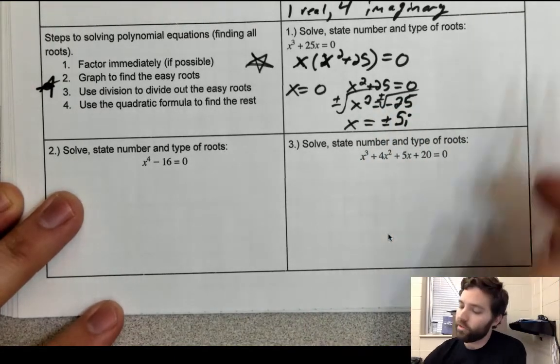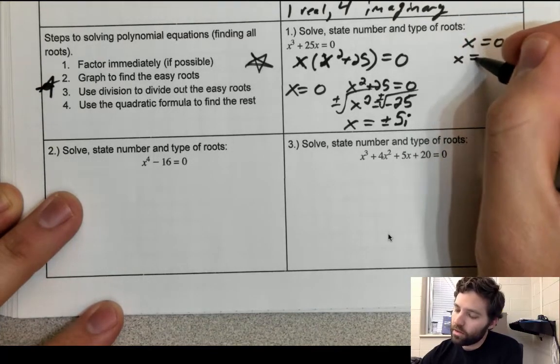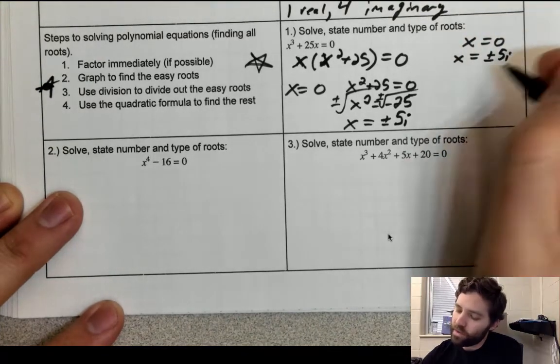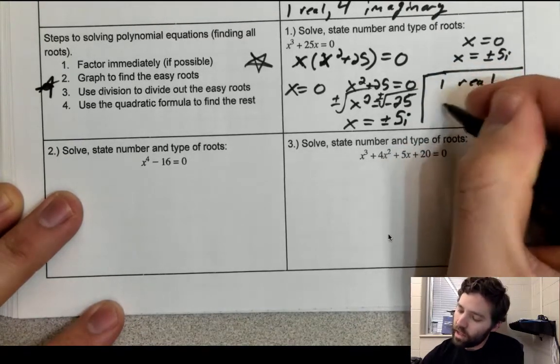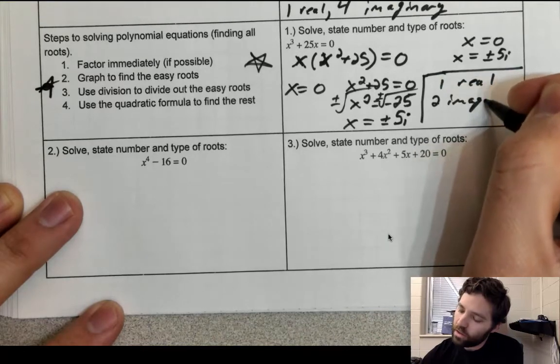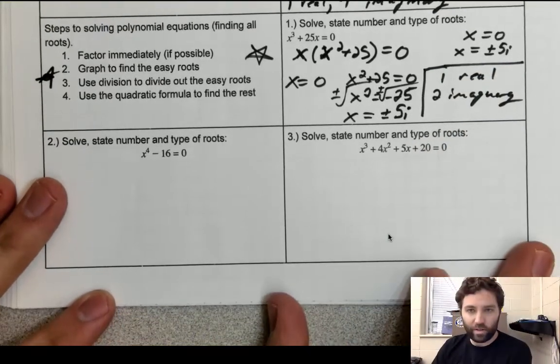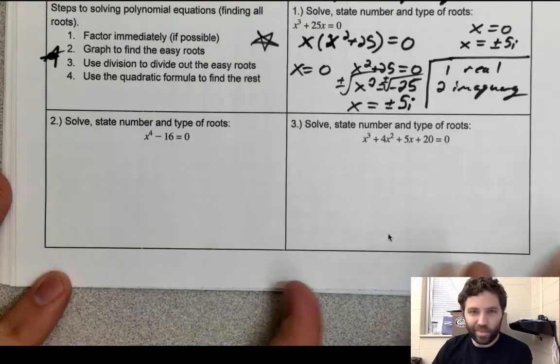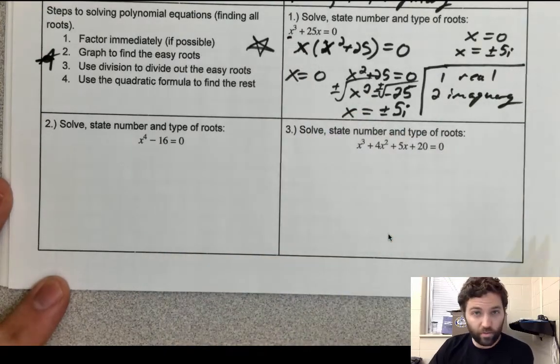So all of my solutions then are 0, and plus or minus 5i. If I'm to categorize these, there's 1 real and 2 imaginary. Sorry, that's poor handwriting there, but you heard me say it. And by the way, that's 3 total solutions, which is what we would expect given a degree 3 polynomial.